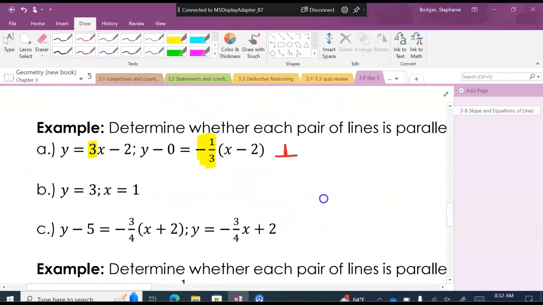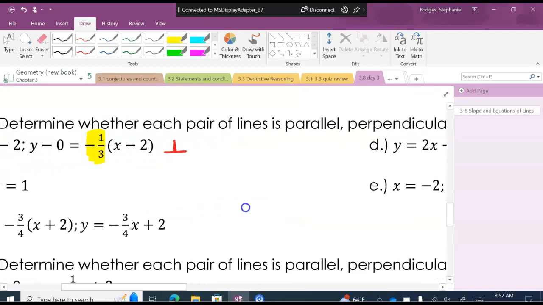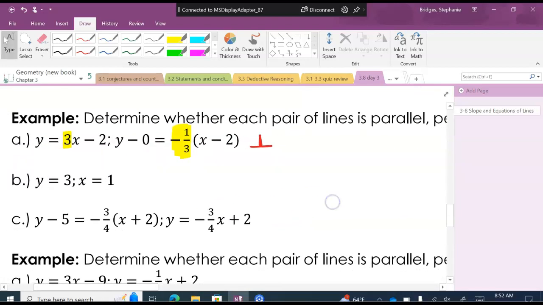Okay, I want you to try the rest of those. Try B, C, D, and E. Determine if they are parallel or perpendicular. You can use your symbols, okay? The two little slanted lines like that, that means parallel, if you don't want to write the words. And then the upside down T means perpendicular.